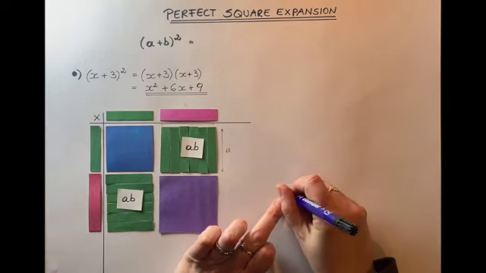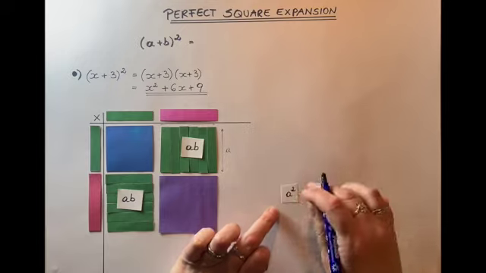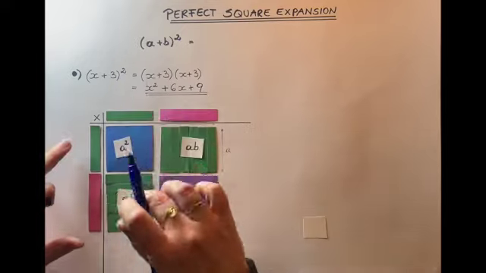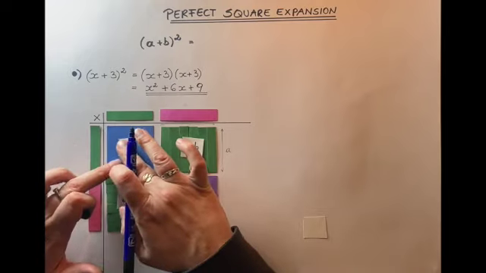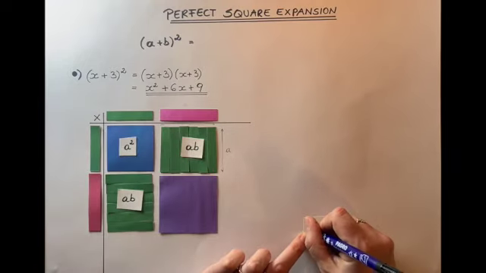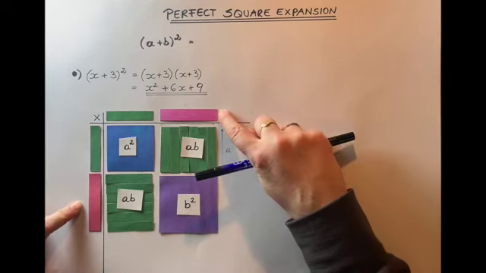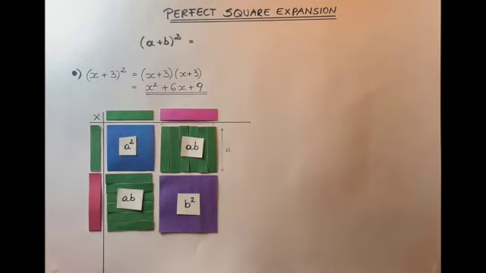We had here a squared, that was a times a, giving us a squared, and b times b, giving us b squared.